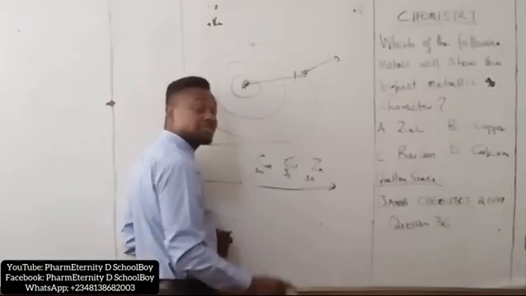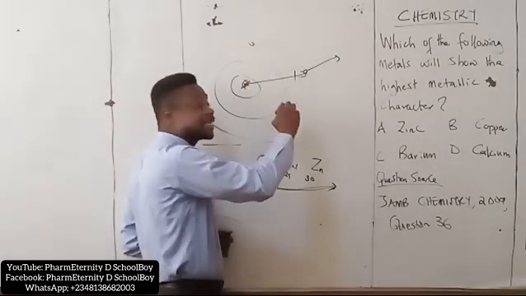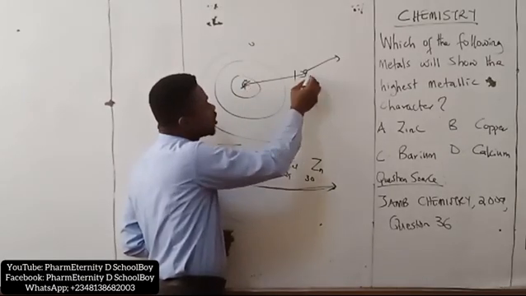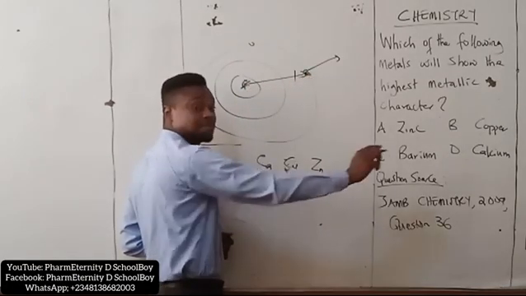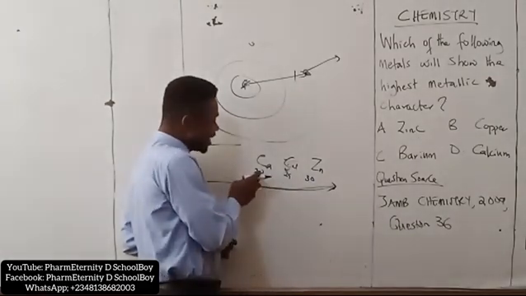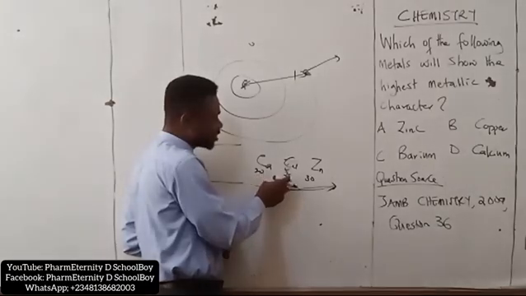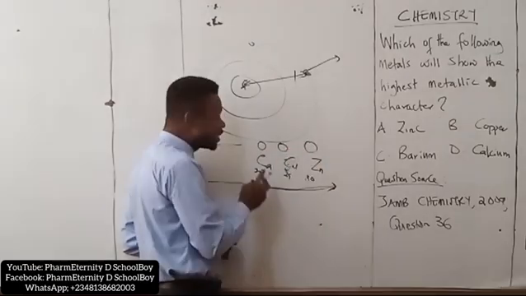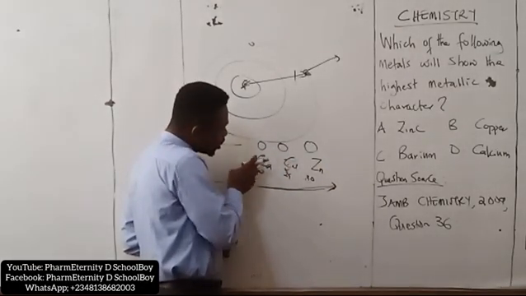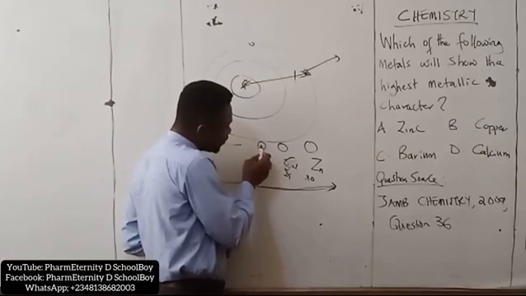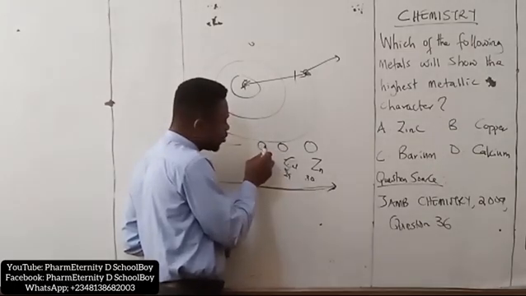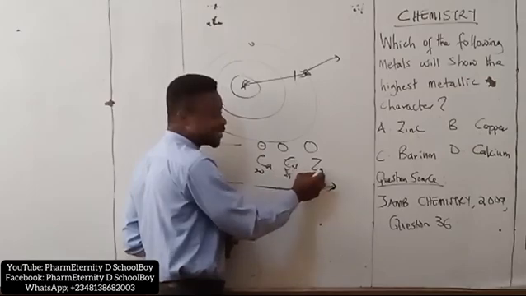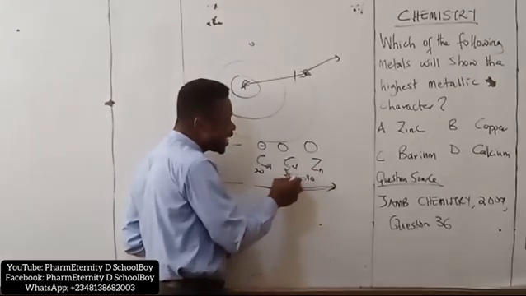So the distance from the nucleus to the outermost shell is the same for calcium, copper, and zinc. Even though the charge and the number of electrons are increasing, the distance stays the same, but their nuclear charge increases.